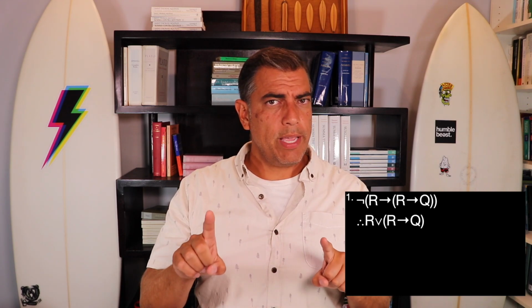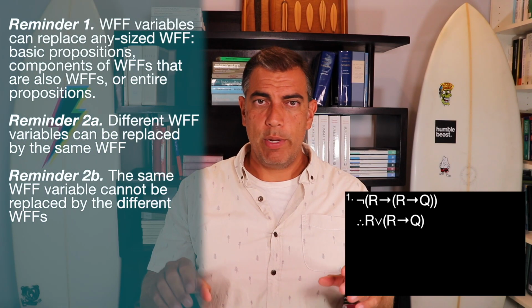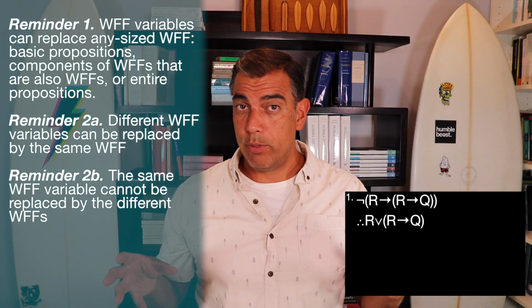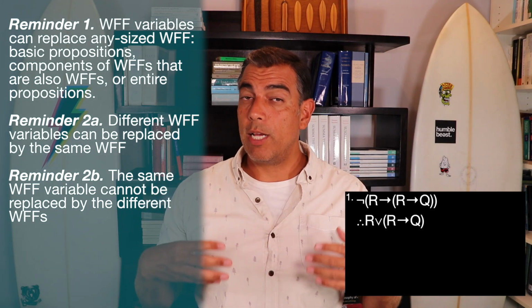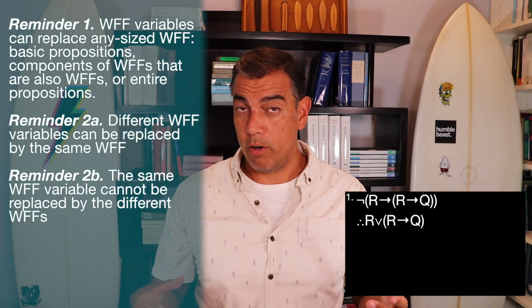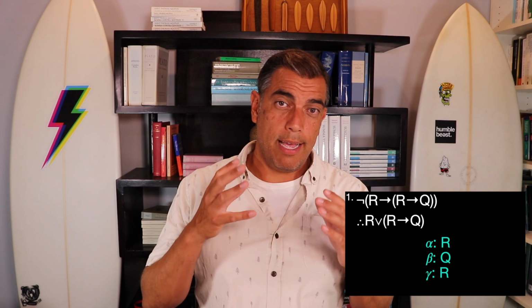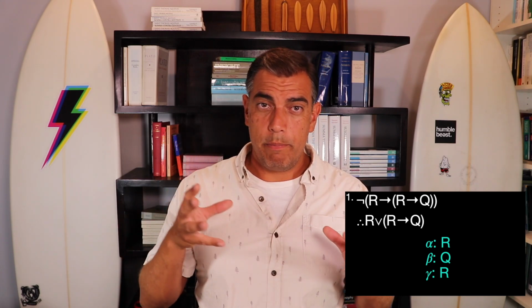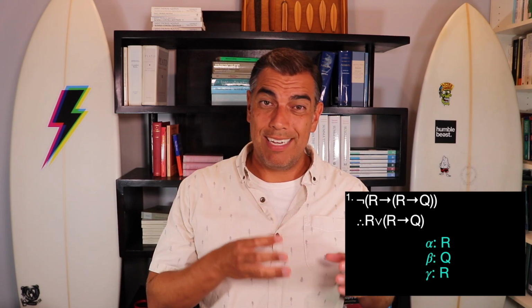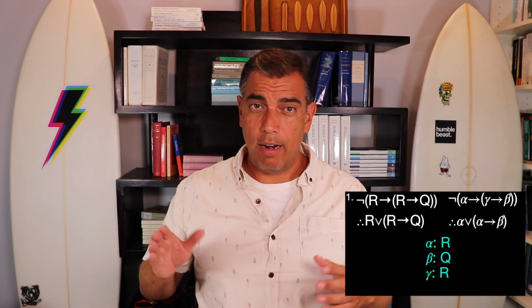But now remember that we had that reminder 2a that said we could have different well-formed formula variables that represent or are substituted in for the same well-formed formula. So here what I'm going to do is make alpha an R and beta Q, and now gamma also an R every once in a while.